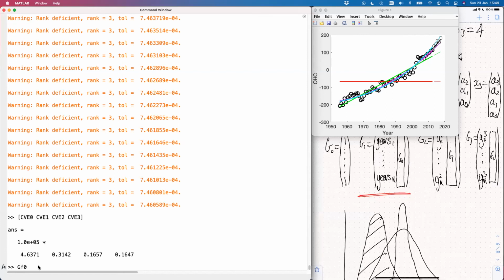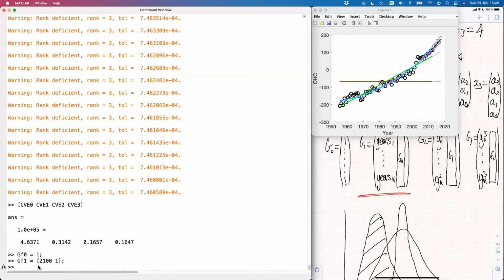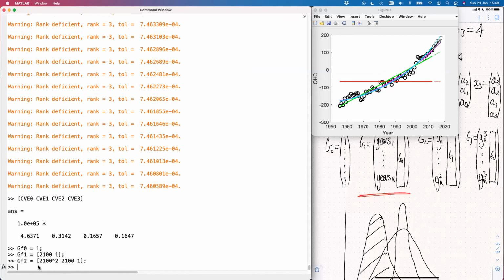For model 0, that design matrix will just contain a single one, like so. For model number 1, it's going to contain the year and the value 1. Similarly, for model 2, it will be 2100 squared, 2100, 1. And for 3, we'll have the additional cubic term.